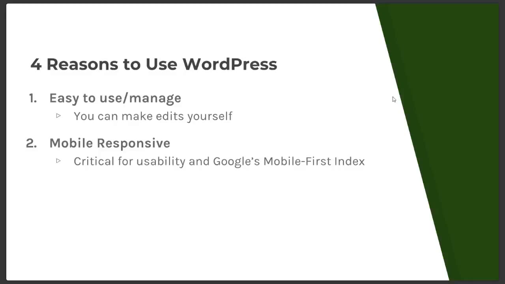And they're going to do that before they go to the desktop version. They basically flipped that. When I got started again back in 2006, they would just look at the desktop version of your website and make decisions about how you're going to rank in their search engine. But now Google's going to look at the mobile version first, and that's what they're calling the mobile first index.